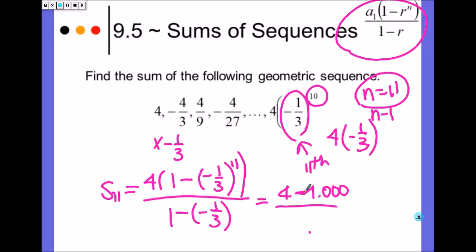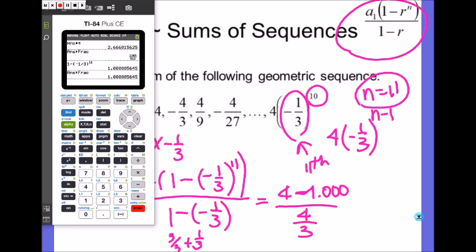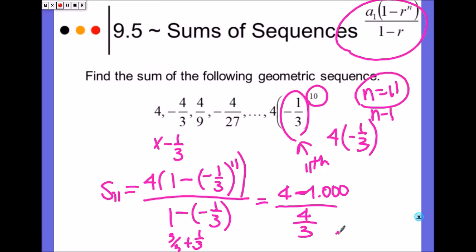And then what's 1 minus negative 1/3? So this is 1 is 3 over 3 plus 1/3 is 4/3. Okay. Here, actually, it's 4 times just 1, not minus, because this became 1, right?